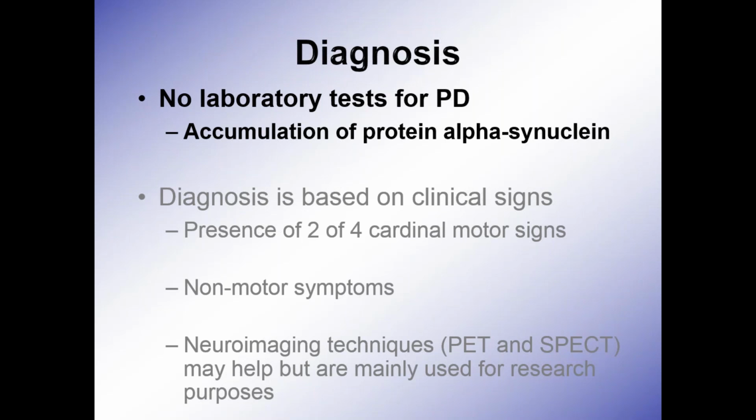What we can say, though, is that on autopsy, we do recognize that there's an accumulation of a specific protein called alpha-synuclein in the brains of people with Parkinson's. So that is certainly a hint. We don't necessarily understand why the protein accumulates, but clearly if you do have an accumulation of alpha-synuclein protein, the symptoms of Parkinson's are generally there.